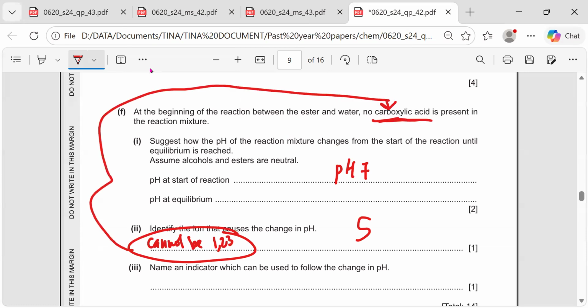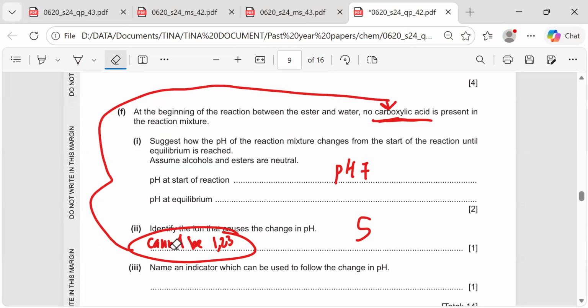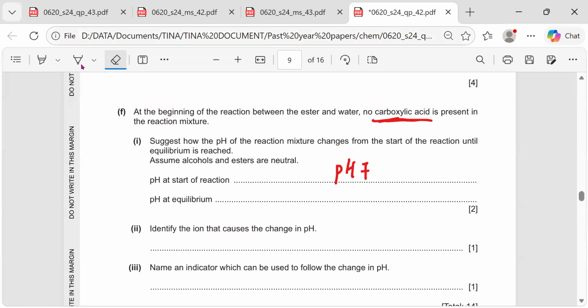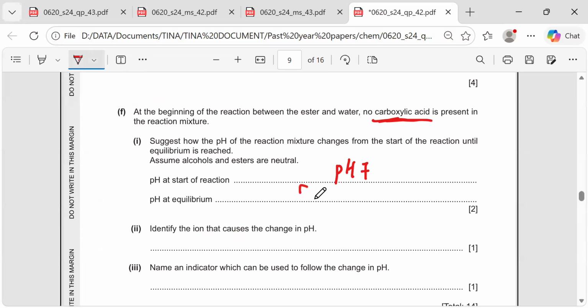The answer was 3. That's why it cannot be. Yeah, 1 to 3 is barely acceptable. Lower than 7 above 3. Okay, so I have to add one above 3. So this equals that.